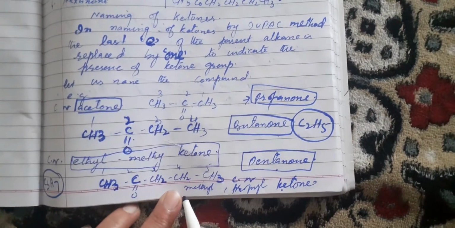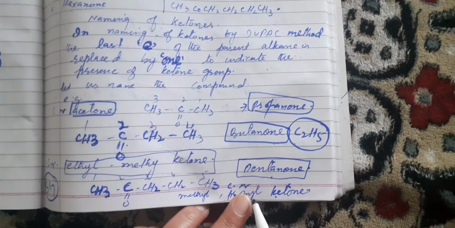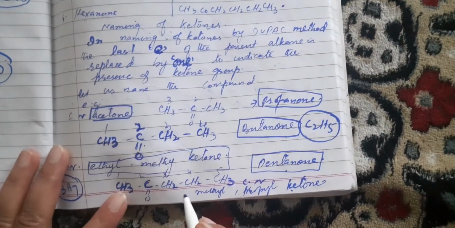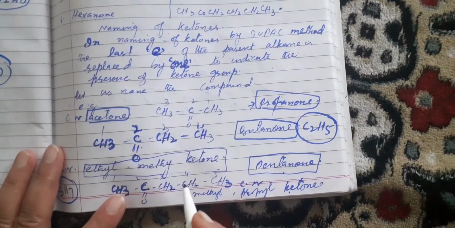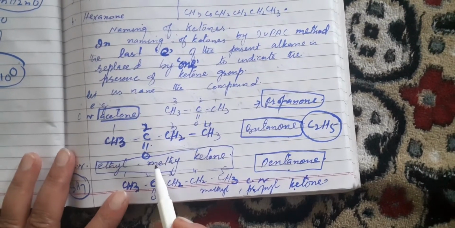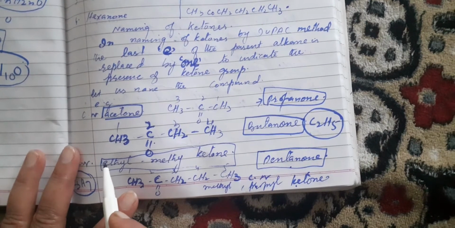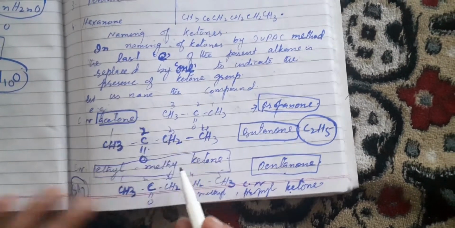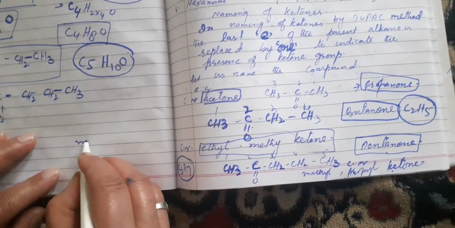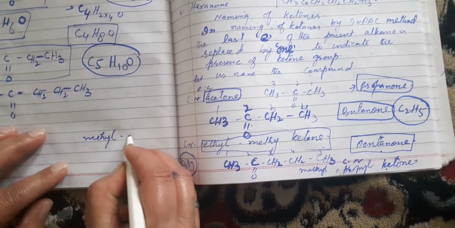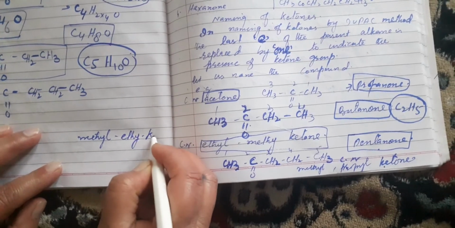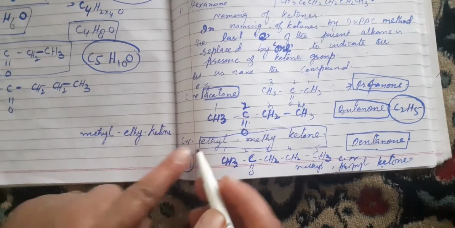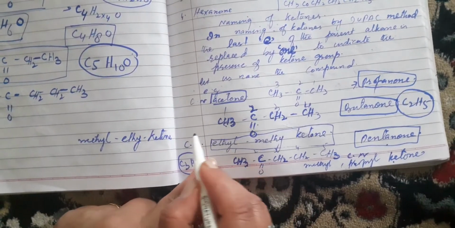The common name of this is methyl propyl ketone. And when we give common names, we have to name the alkyl groups alphabetically. For example, this is ethyl and methyl. We could also have written it as methyl ethyl ketone, but this is wrong, because we have to place these alkyl groups alphabetically.